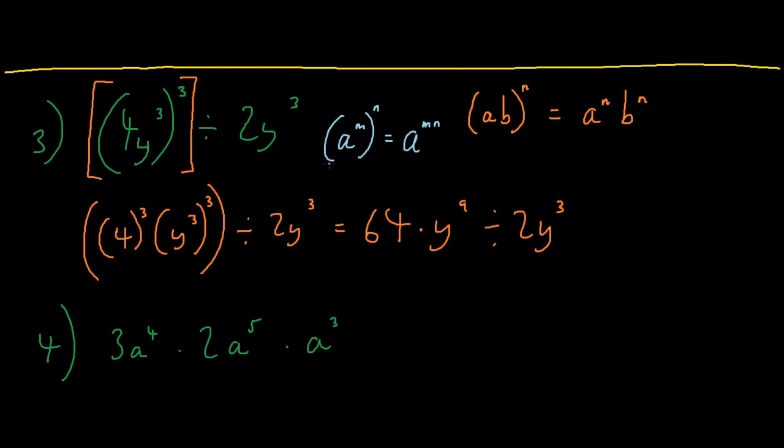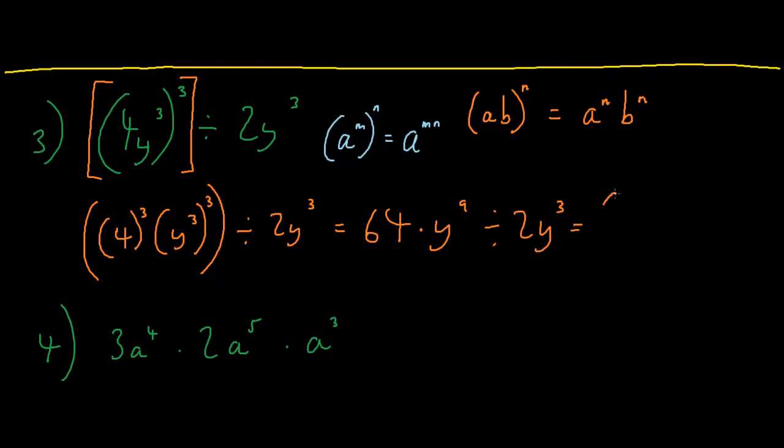So, a to the power of m in brackets to the power of n equals a to the power of m times n. So from here we can simplify this expression further.